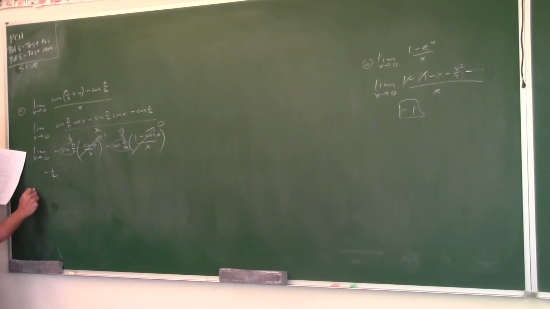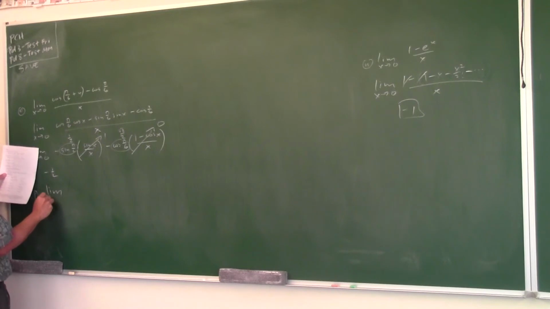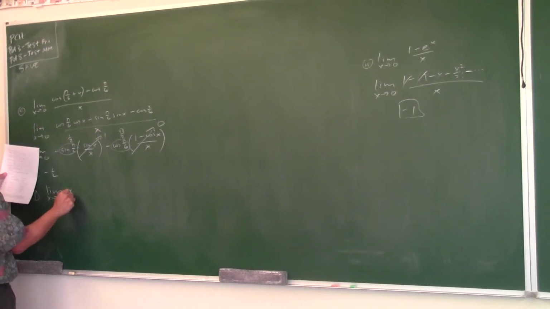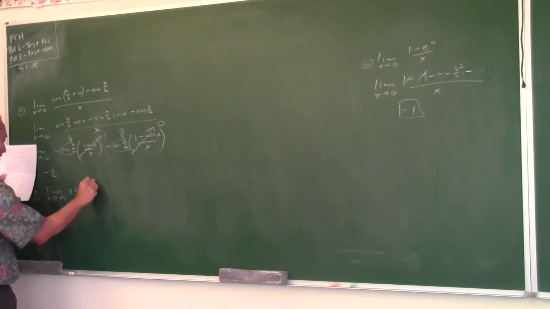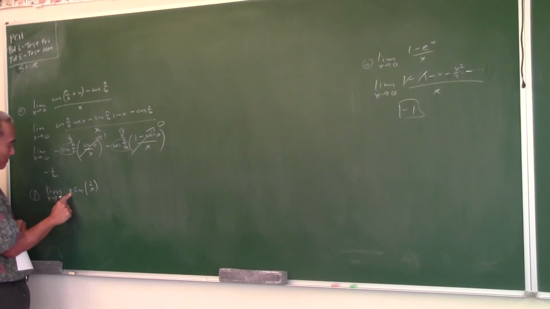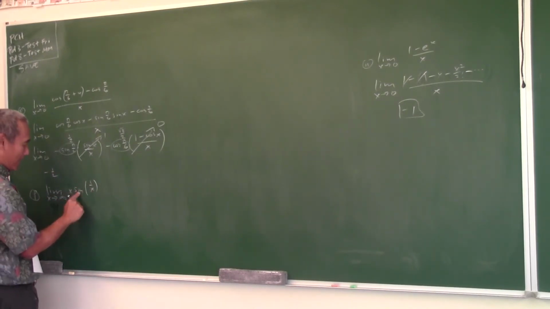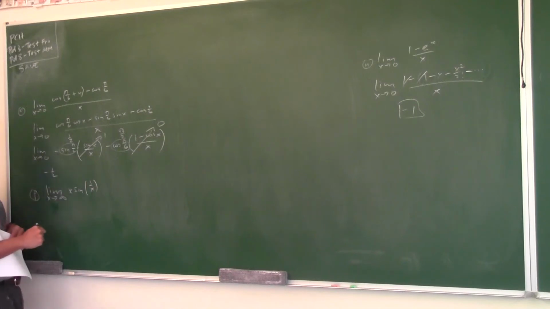Hey, this is like the 4th time we've done this problem. Okay, as x approaches infinity, that goes to infinity, that goes to 0. Sine of 0 is 0, so this is the infinity times 0 indeterminate case. What do? Look for friend.